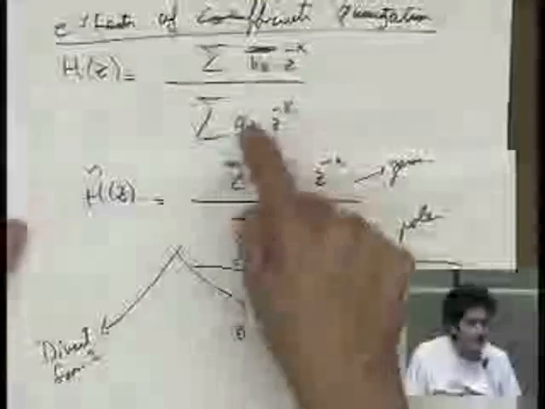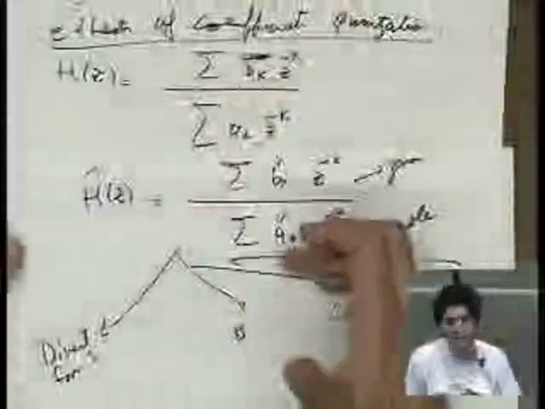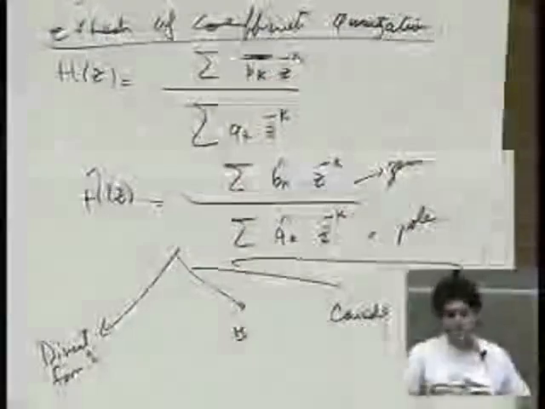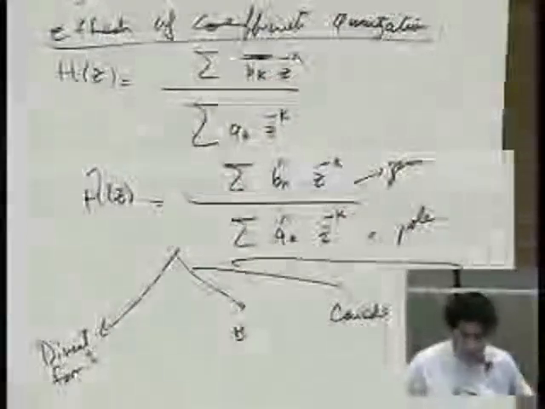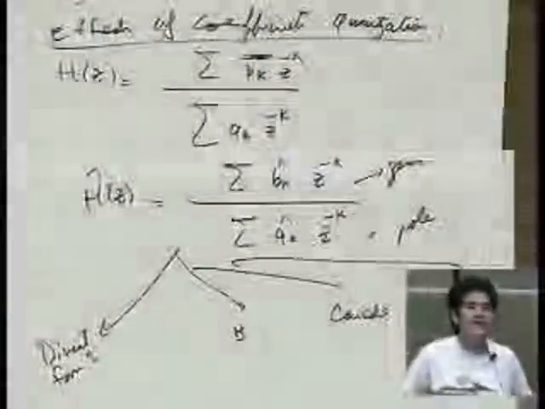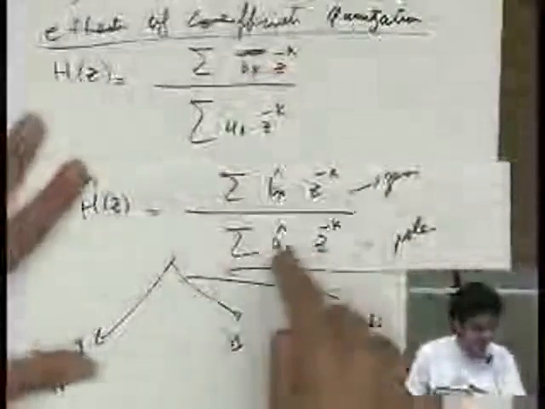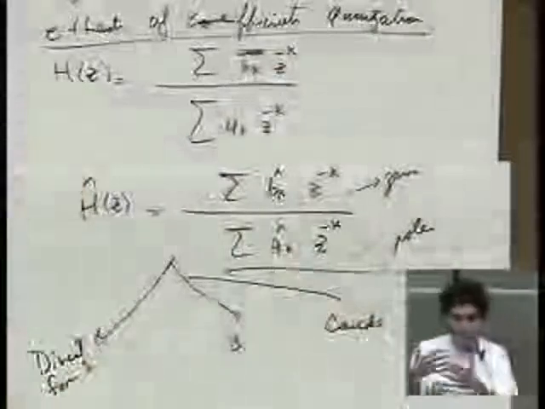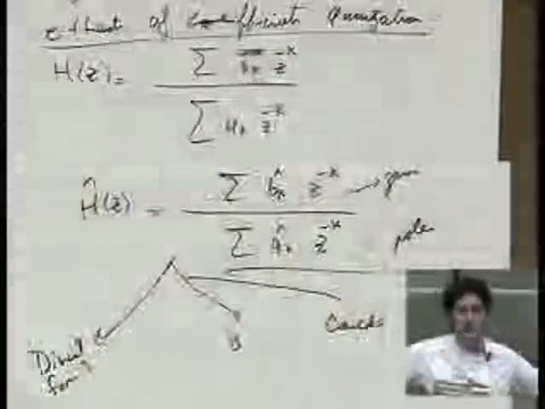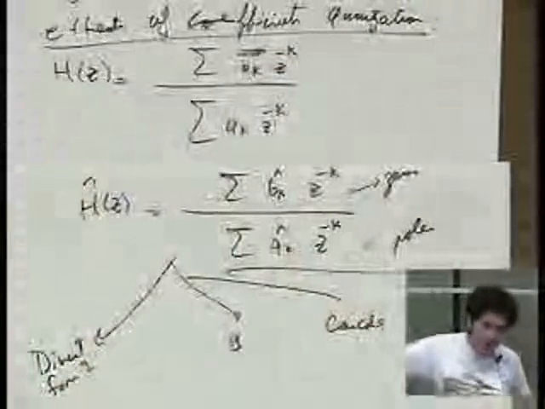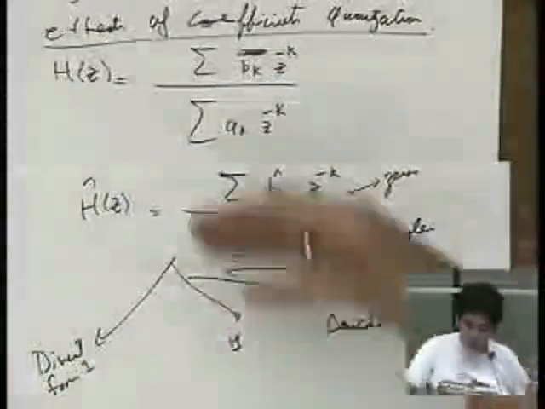The a sub k's are the actual unquantized, real-valued coefficients. By the time I quantize them, what have I done? I've perturbed the coefficients just a little bit. By how much? By the quantization error, by the act of quantizing it. And now what has happened is, because changing the coefficients of a high-order polynomial makes the roots change a lot, I have changed the poles a lot.